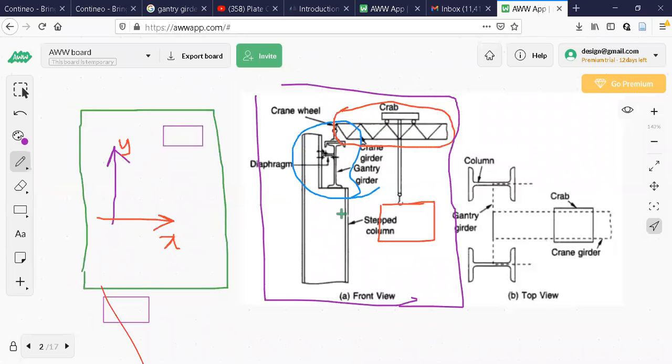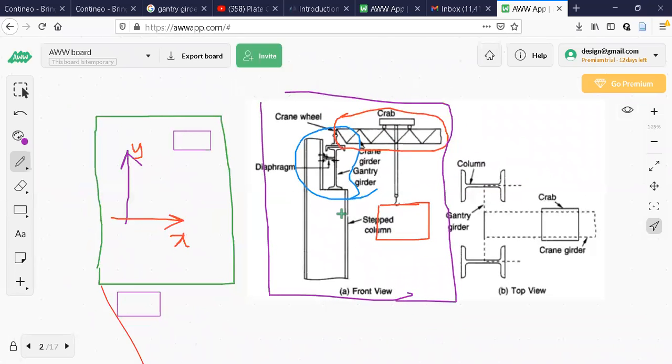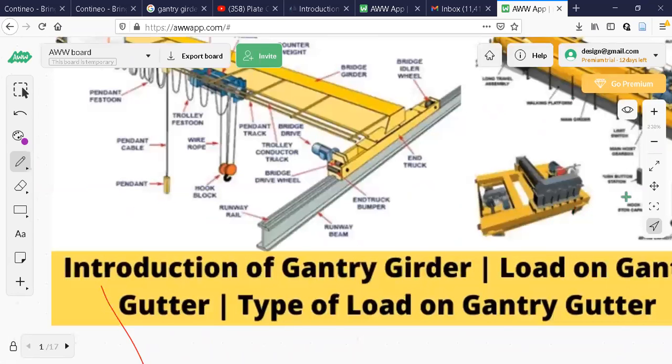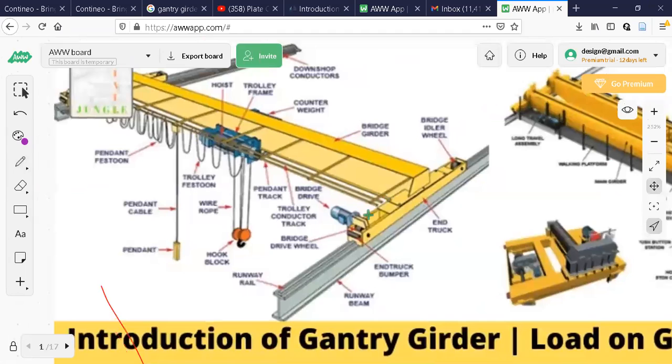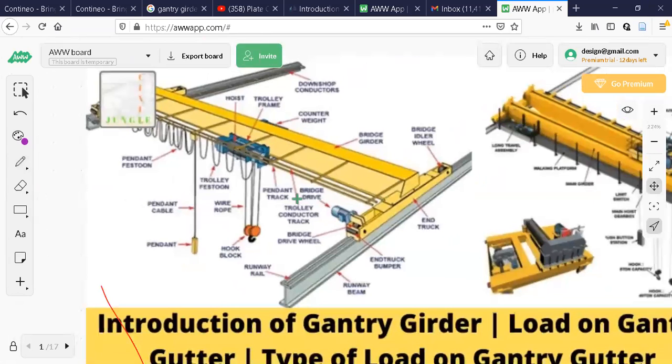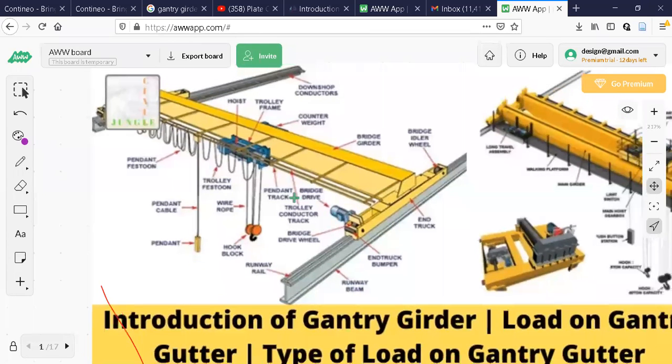This is how the crane girder is working, and this is how you need to understand it. Don't worry about this diagram in the beginning. Later you sit quietly and check it. The best thing is to go to the place and check it. Once the design is completed, you go to any industry. Every industry has this type of arrangement.